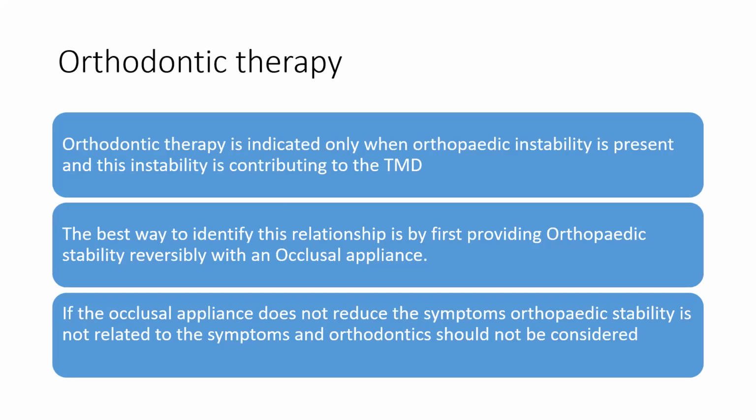If the occlusal appliance does not reduce the symptoms, the orthopedic instability is not related to the symptoms, and in such a case, orthodontic treatment should not be considered. Whereas if the orthopedic stability results in resolution of the TMJ pain, then orthodontic therapy can improve the TMJ pain in such patients.